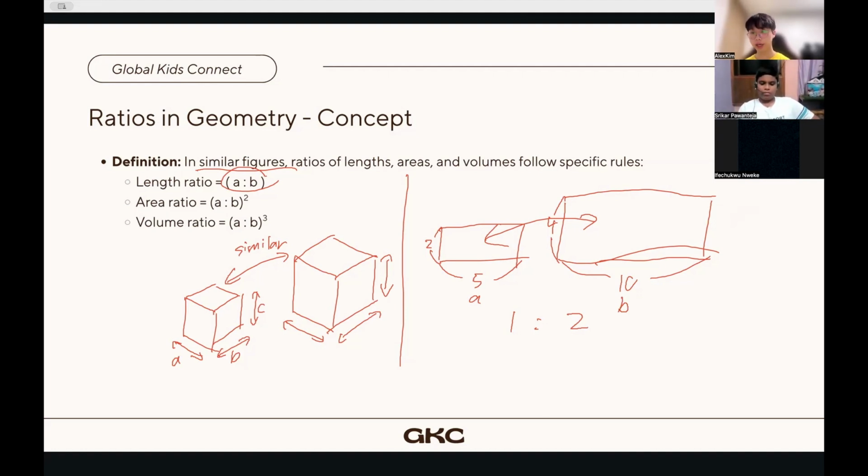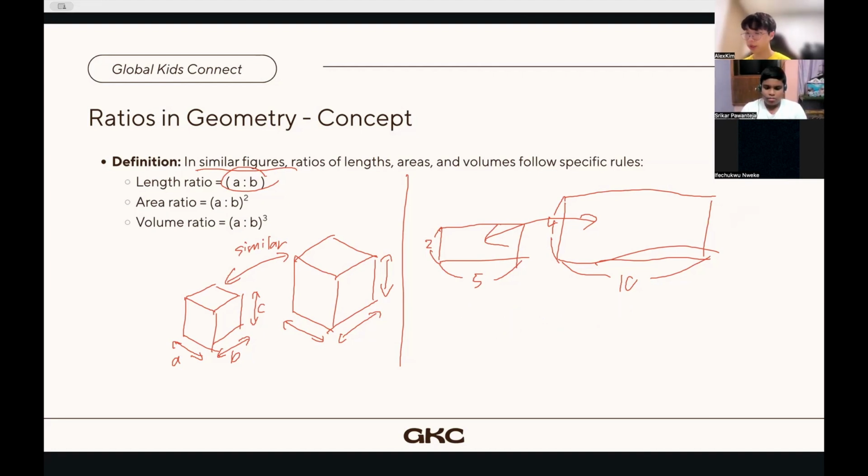The same goes for the height. And because this ratio is constant, the shape is subsequently also similar.